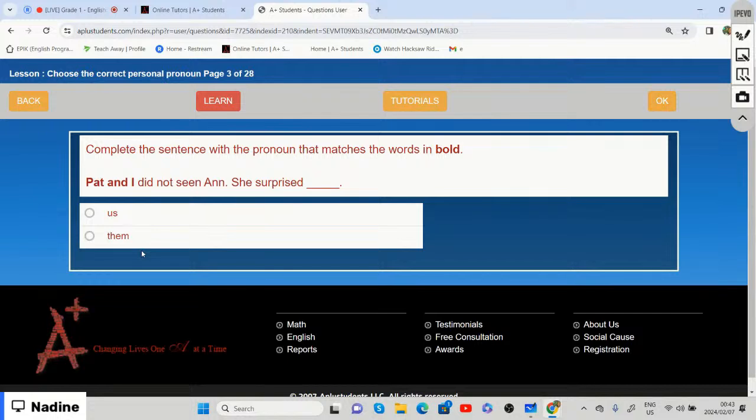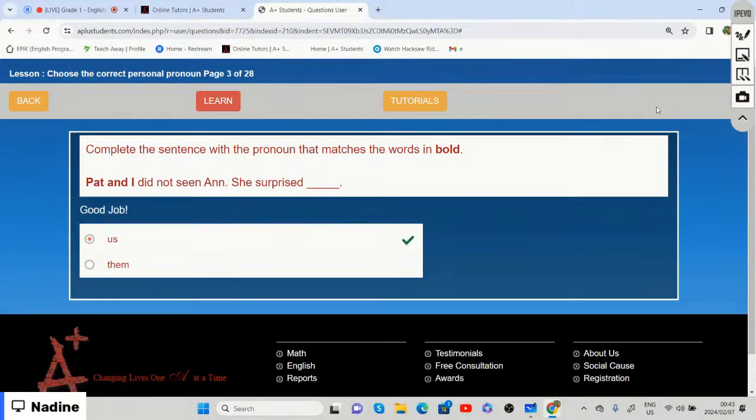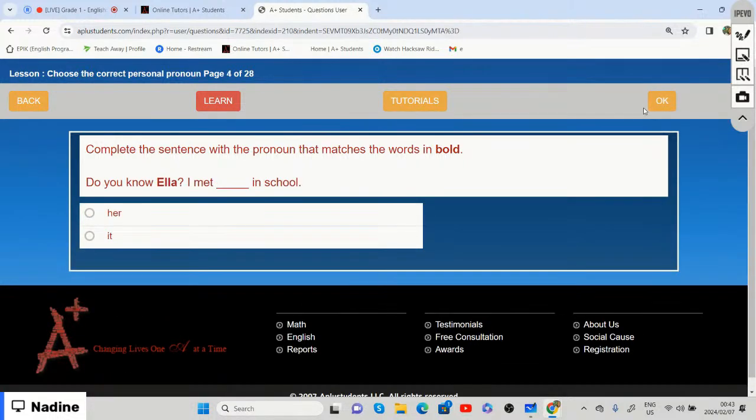So Pat and I, right, did not see Anne. Then we can say she surprised us because it refers to Pat and I, right? So she surprised us. Yes.